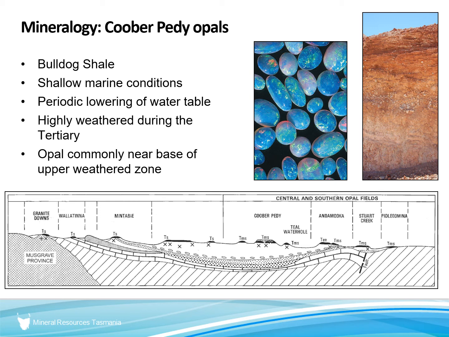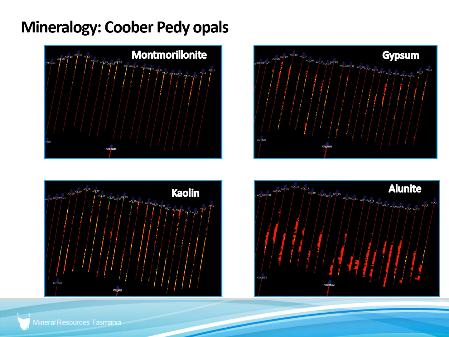Here's looking more at superficial type features. We're looking at opal at Coober Pedy, and opal occurs commonly near the base of a weathered zone near the surface. So here's HyLogger data, minerals plotted down a lot of drill holes, and we can see that montmorillonite occurs chiefly near the surface.